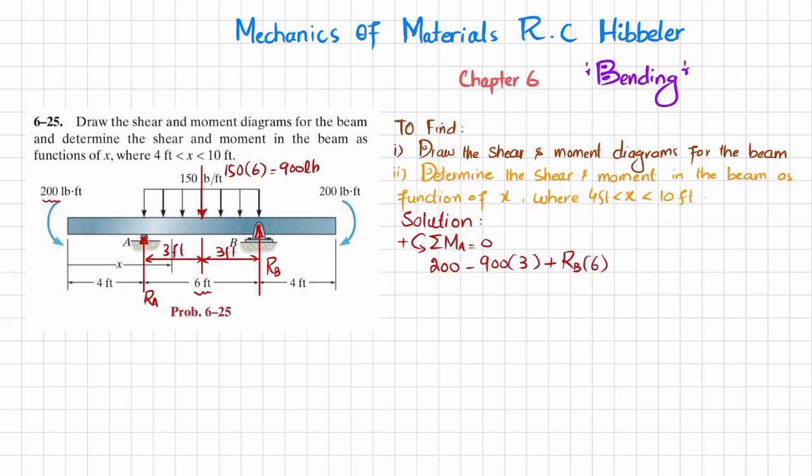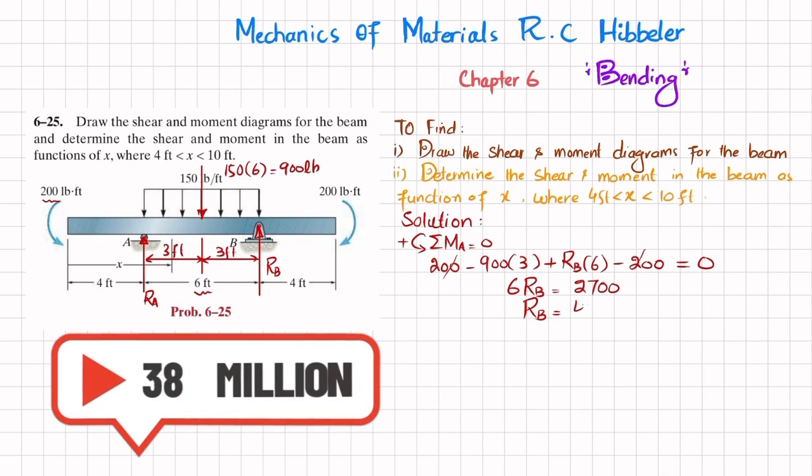And the last moment is due to this 200 pound-feet, that is clockwise, so it will be negative. The sum of all these moments about point A must be equal to 0. So this will cancel with this, and we are left with 6RB equal to 2700. When you divide by 6 on both sides, you will get RB equal to 450 pounds.